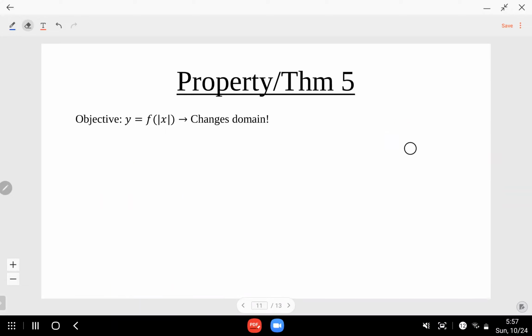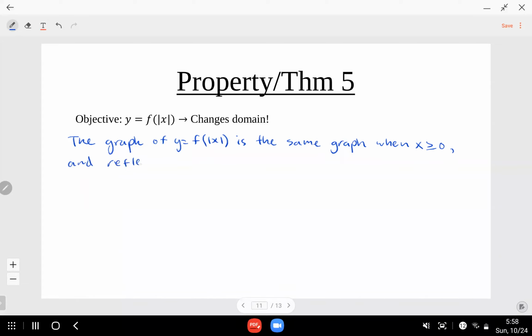So the theorem is: the graph of y equals f of absolute value of x is the same graph when x is greater than or equal to 0, and reflected over the y-axis if x is less than 0.